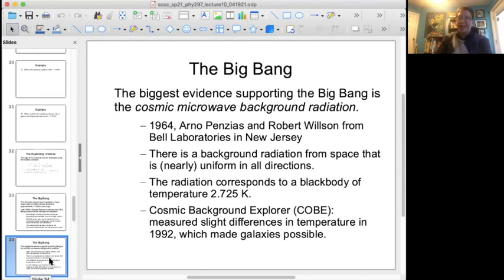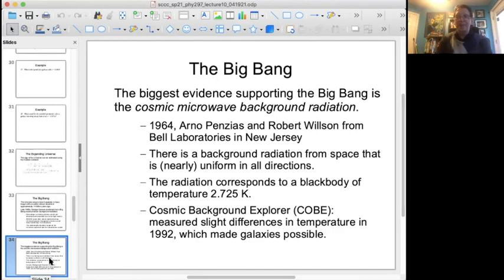And in 1964, that background radiation was discovered by Arno Penzias and Robert Wilson, working at Bell Laboratories in New Jersey. They were working with a radio telescope, and they kept finding this noise in every direction that they pointed the telescope, and they figured out that it wasn't a problem with the instrument, that this was something that was there.